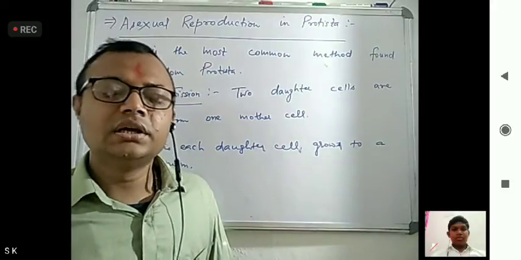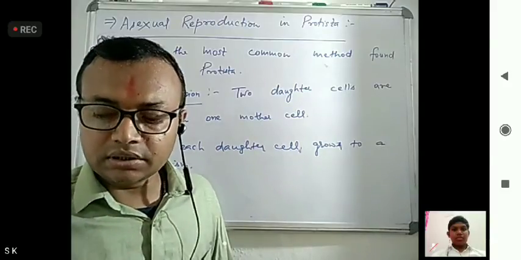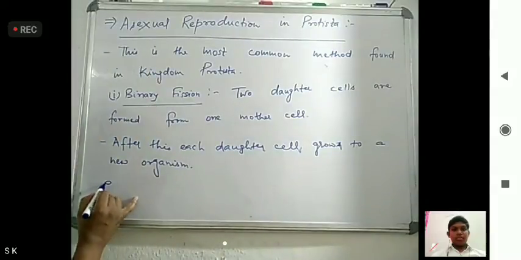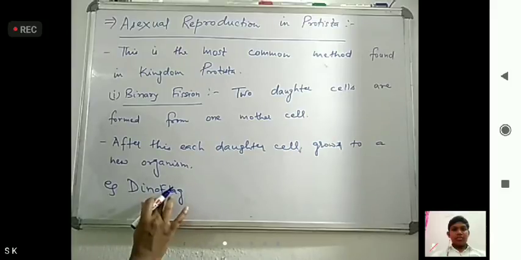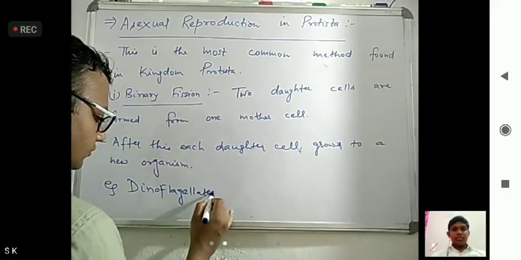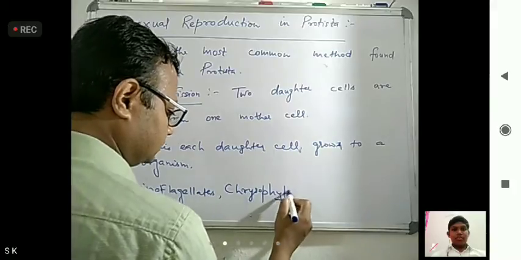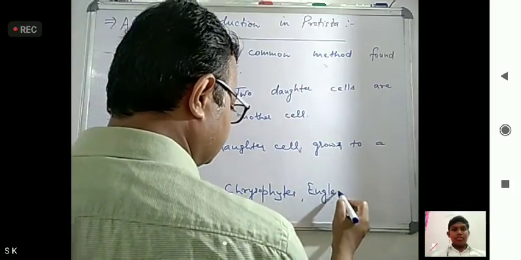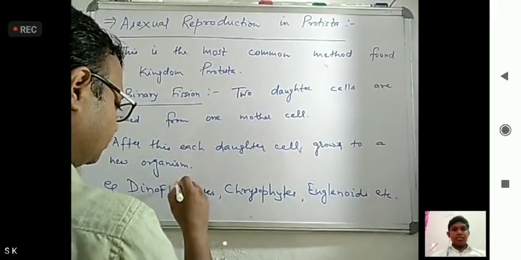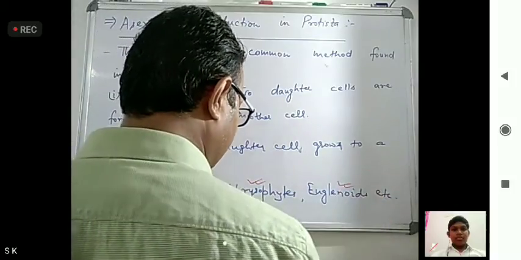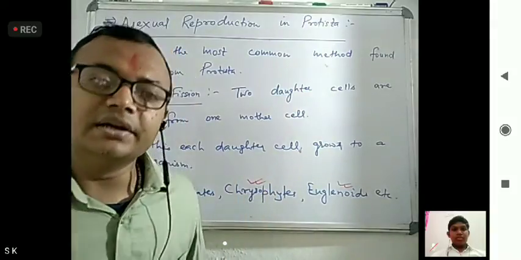Now, where does it occur? In the groups we discussed: dinoflagellates, chrysophytes, and euglenoids, etc. So these groups, dinoflagellates, chrysophytes, euglenoids, what is their common mode of reproduction? Asexual. So that is binary fission.